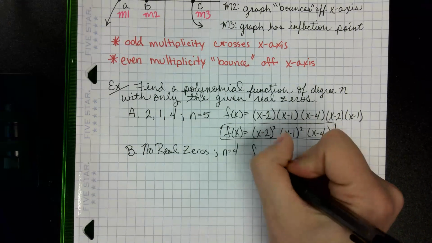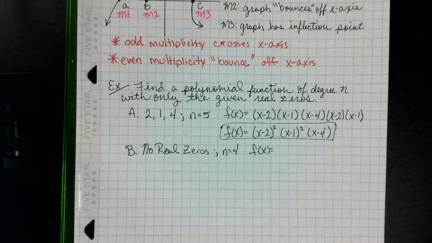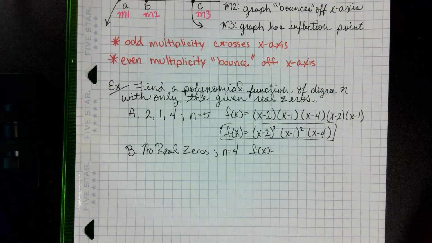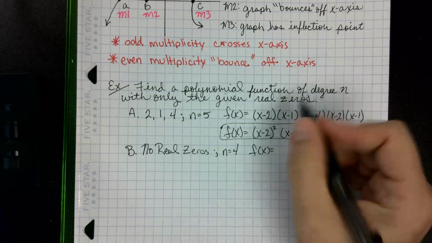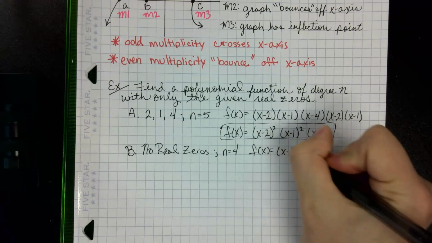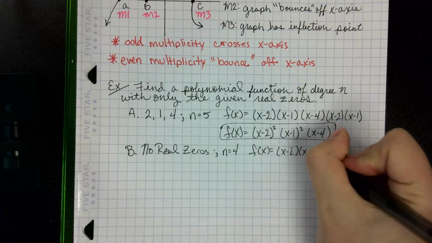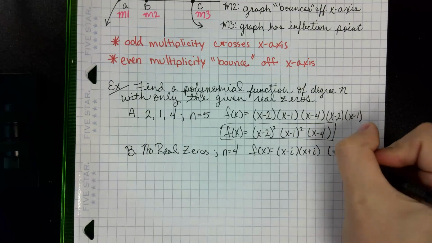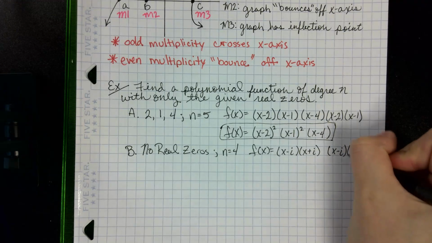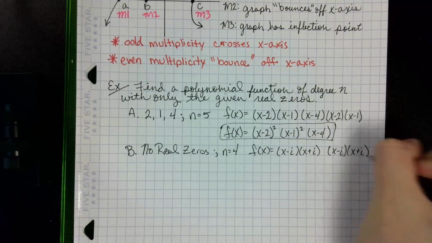So I could start by writing f of x equals, and there's so many combinations you could go with. I'm just going to go with i. So let's say x minus i, x plus i. That's only 2. So then I'll do it again. x minus i, x plus i.